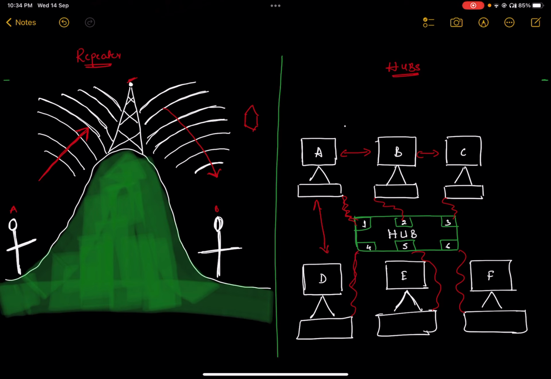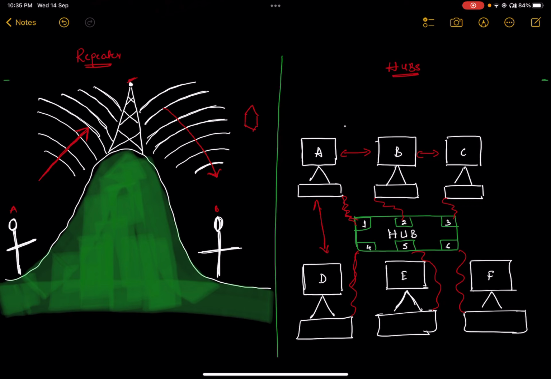This is how it happens in cyber cafes or in our college labs. All the machines in our lab are connected to a hub, and that is why we can ping each other's machines, right? So this was the need of the hour back then, to group the machines together and make them communicate with each other. That made us invent the hub.